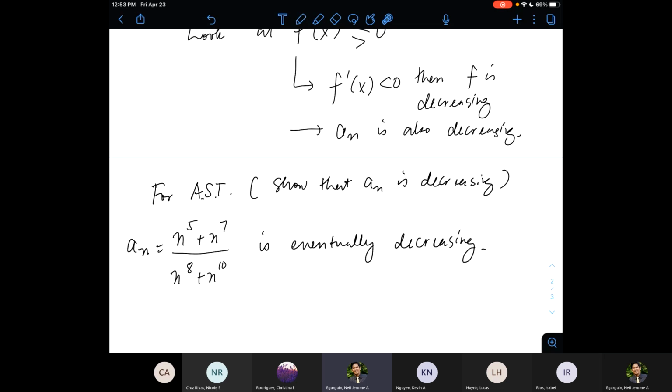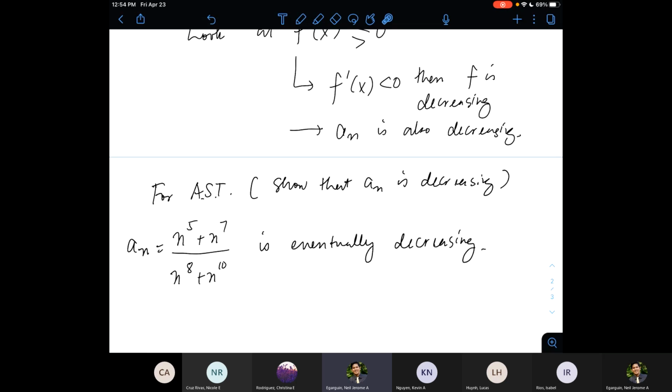Because in the long run, the increase in the denominator will outpace the increase in the numerator, making the fraction eventually decreasing in value. All right. So that's why I say, okay, this is eventually decreasing.